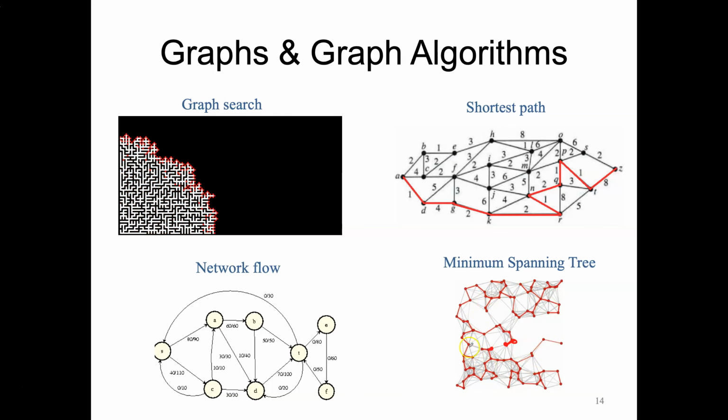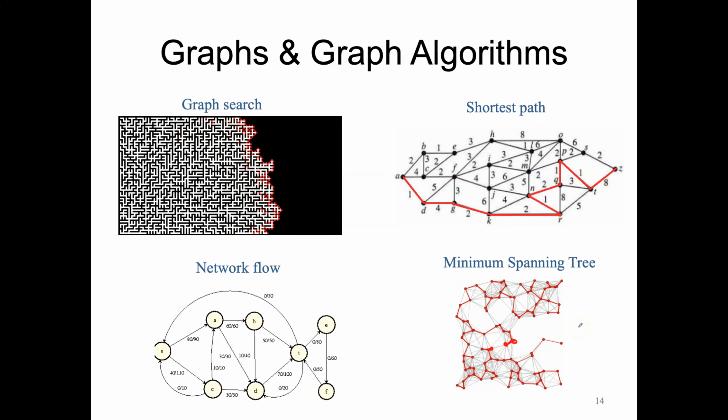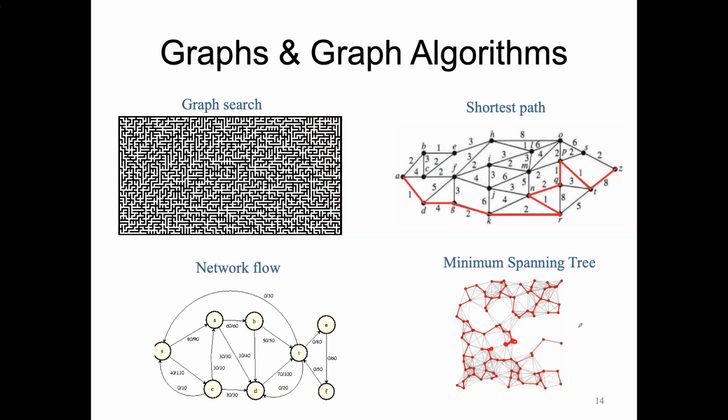This type of problem of figuring out how to build a network using the least amount of materials or the least expensive materials can be solved by finding what's called a minimum spanning tree.